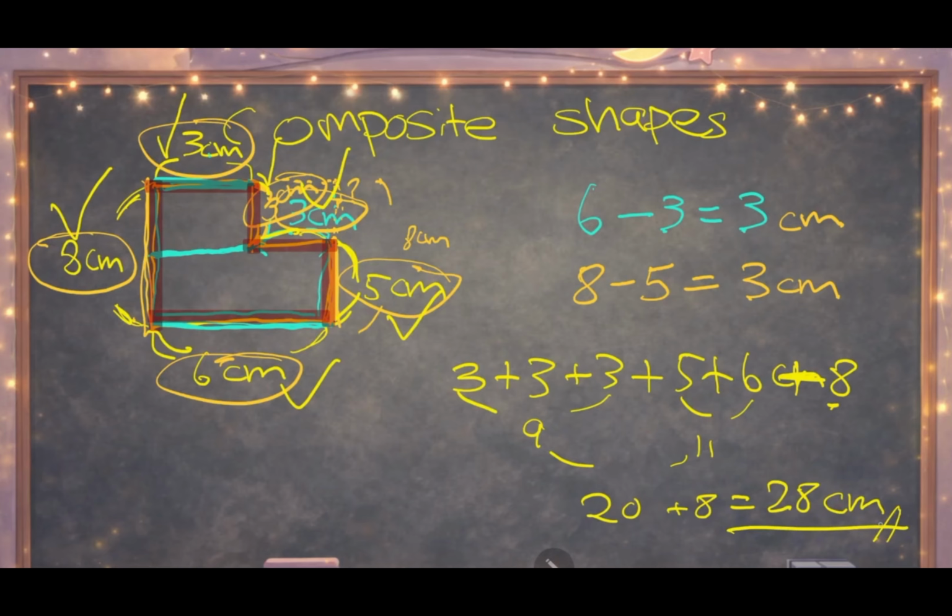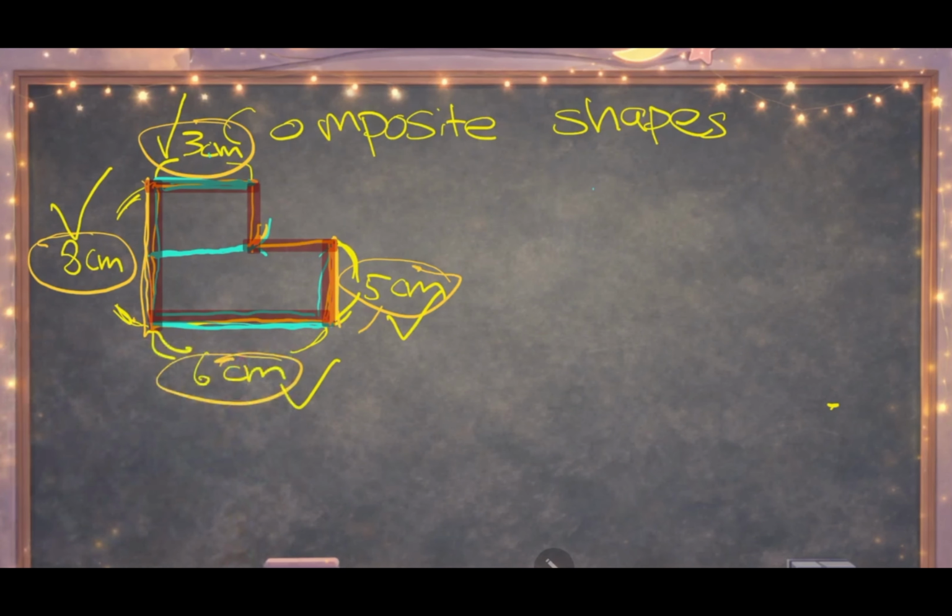So the perimeter of this composite shape is 28 centimeters.